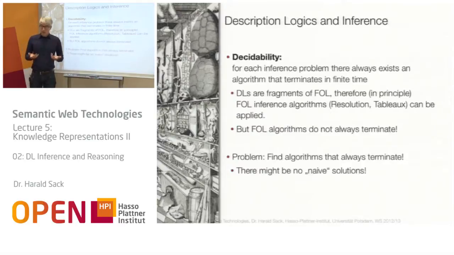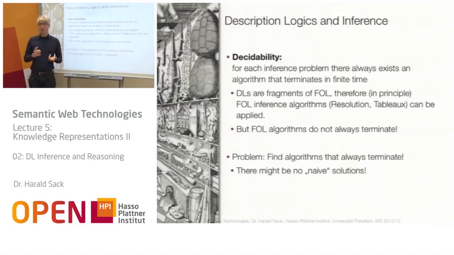Then there comes up a problem of so-called decidability. So all these inference problems that we have must be solved in a finite time, and they must be so-called decidable. And for description logics, of course, they are fragments of first-order logic. Therefore, in principle, we can apply all these algorithms we already know.